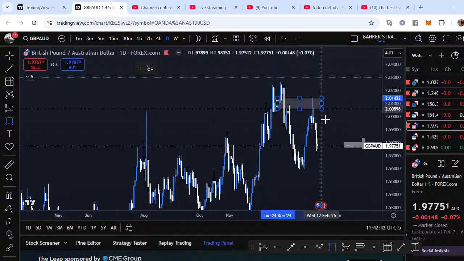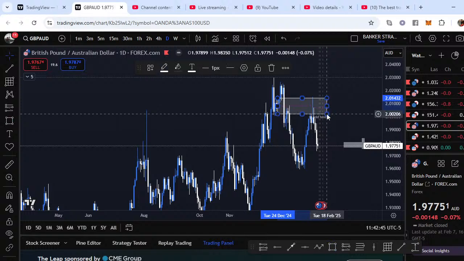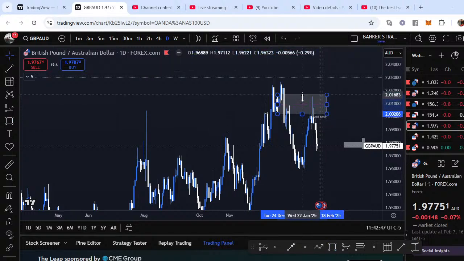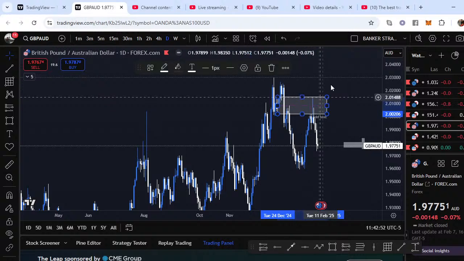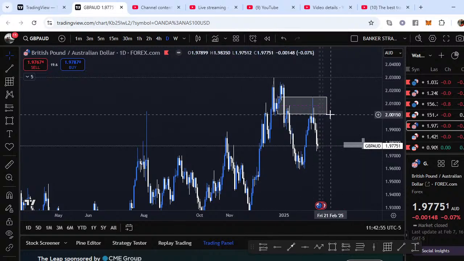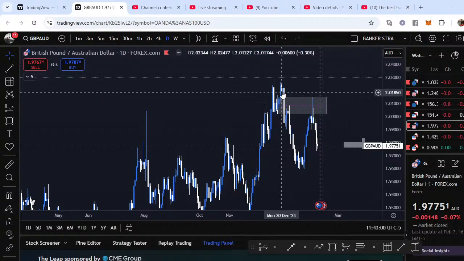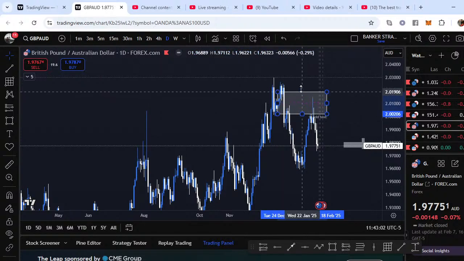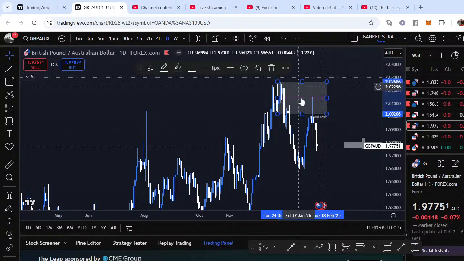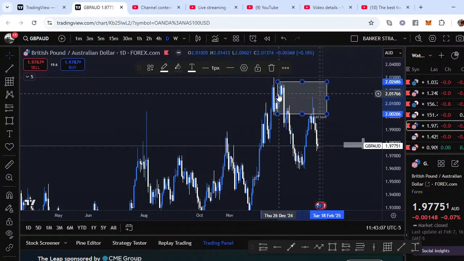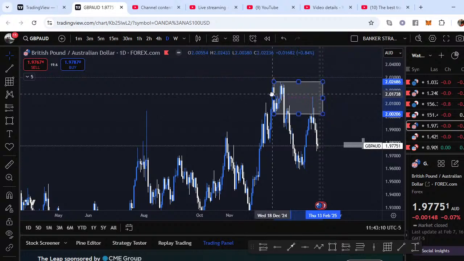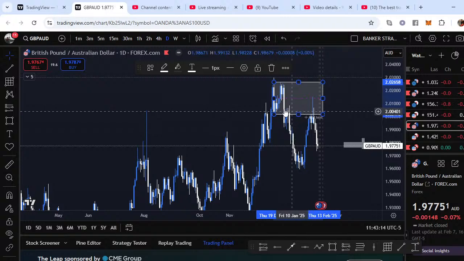All right, so it filled literally the entire gap. This candle didn't go higher, but if we take this from the bottom of the third candle, is it 1, 2, 3?